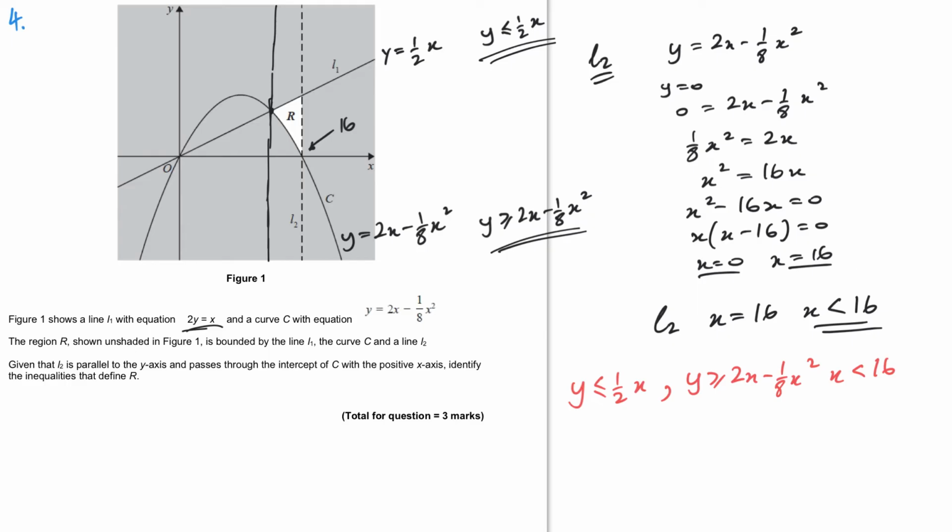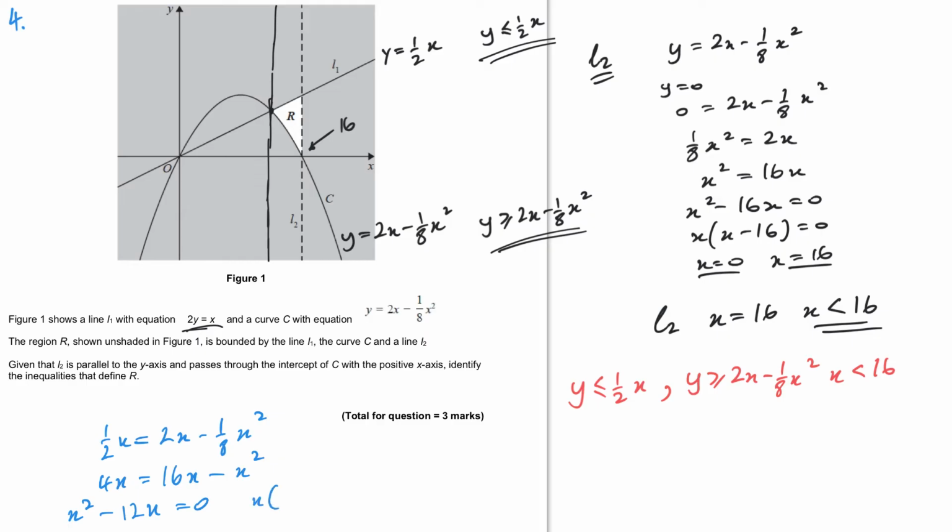Using that intersection point could be one. Let's look at that intersection. So we'd have a half x equals 2x minus 1/8 x squared. I'll multiply through by 8 just to make it nicer to deal with. So that gives me x squared minus 12x equals 0.